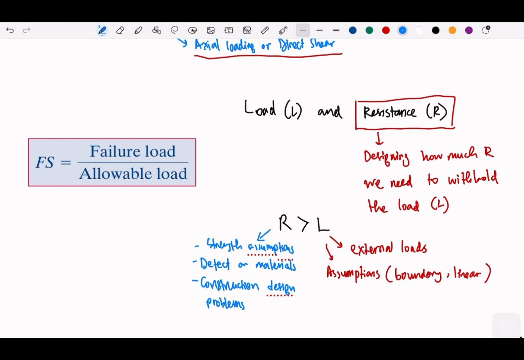For example, if resistance is 50 kilonewton and we take a load of maybe 49, in our inequality it could be okay, but in reality we are not sure about the defects, construction, design, etc., or about the assumption on the load itself. So it could be dangerous. 49 to 50 is too close.